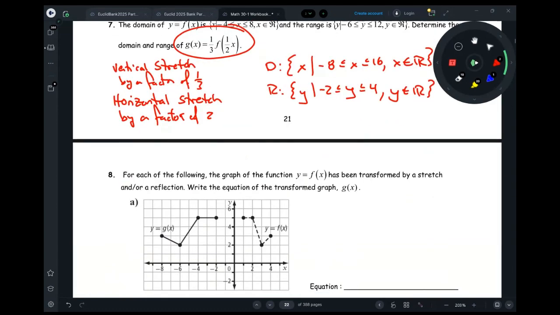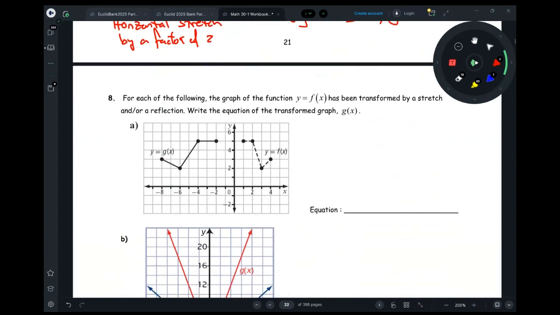Okay. Let's move on. For each of the following, we want to go from the graph of f of x to g of x, and we want to identify if there has been a stretch or a reflection here. So for this first one here, I think it's probably pretty obvious immediately that to go from f to g, first of all, there has been a horizontal reflection. In other words, I've replaced x with negative x.